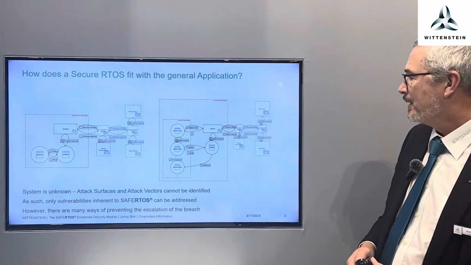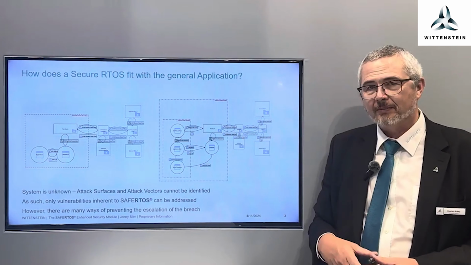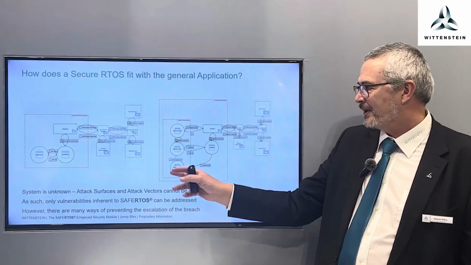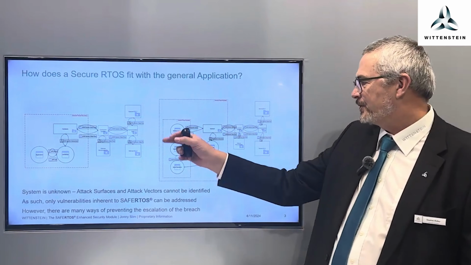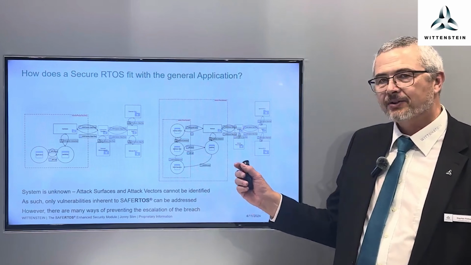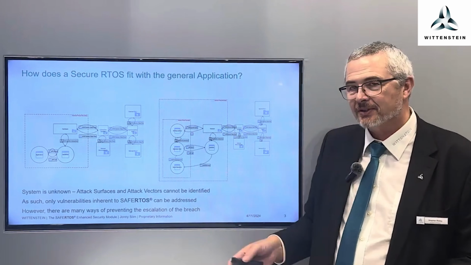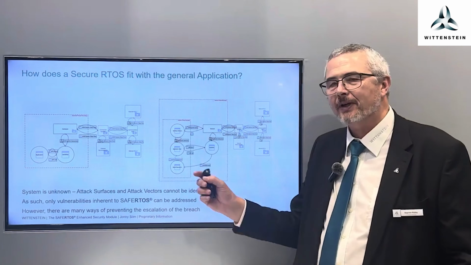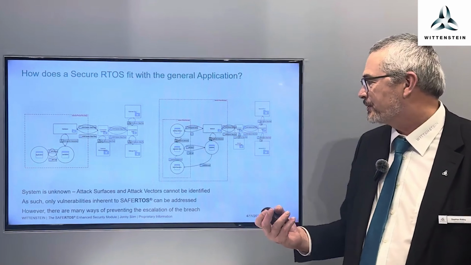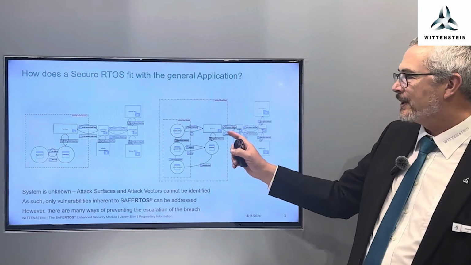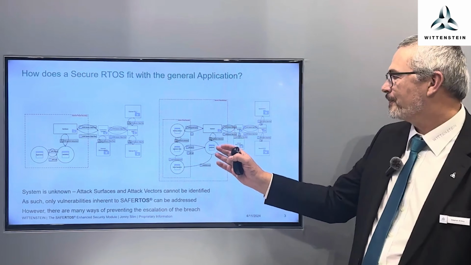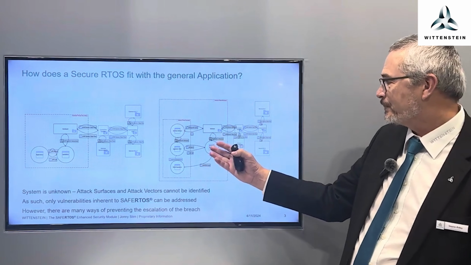When we come to a more complex system-on-chip type application, where one person or the ECU manufacturer may not have control of all of the software deployed within the system, it is perhaps more appropriate to consider a more complex threat boundary. So in this case, we've made the assumption that SAFERTOS is our asset. This is what we're trying to protect.